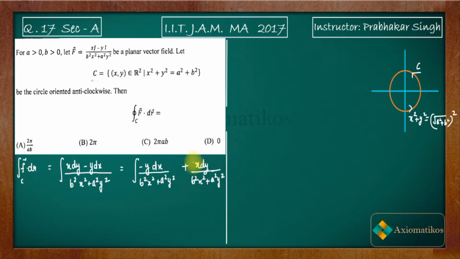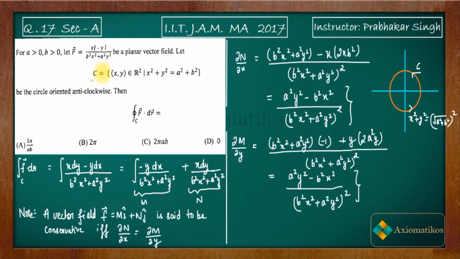Now I want to tell you something about this line integral. Let us say this is our M and this is our N. Now I will tell you something very important. See this definition. This is the definition of a conservative vector field. If we have a vector field like this, it is called a conservative vector field if this happens, that is del N by del x is equal to del M by del y.